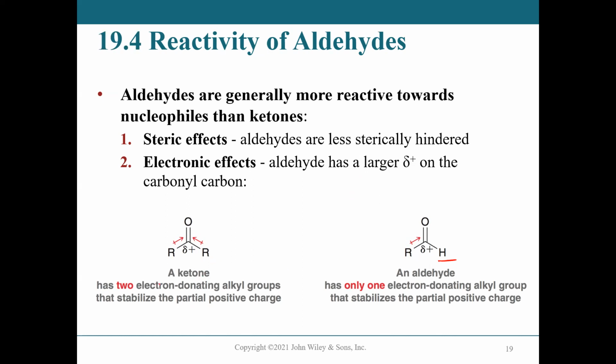In the ketone, there are 2 electron-donating alkyl groups that stabilize the partial charge. Here, there's only 1 electron-donating alkyl group, right? So it's not going to be as stable, so it'll be more likely to undergo nucleophilic attack.